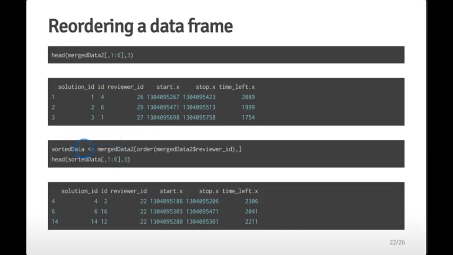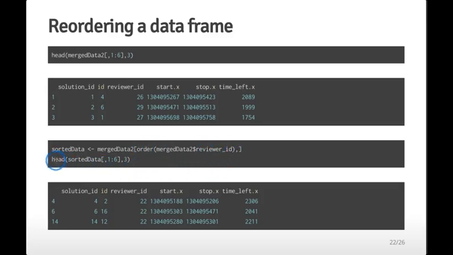So what we can do is actually take the merged data and then calculate that order function, which is, remember, the indices that are used to reorder the values so that they're in increasing order. And we can now pass those indices to the selection of the data frame and select the rows corresponding to ordering those reviewer ID vectors.